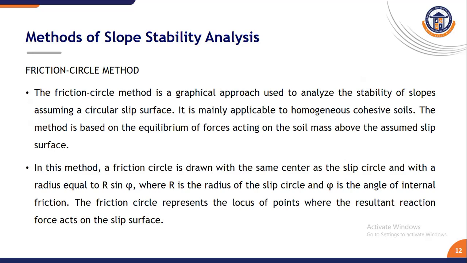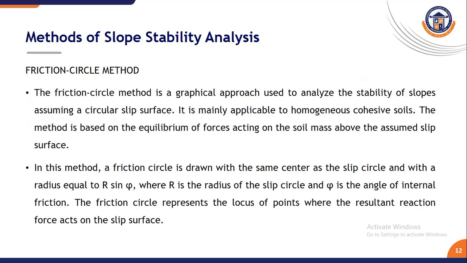Here the friction circle method is a graphical method used mainly for homogeneous cohesive soil. A circular slip surface is assumed and a friction circle is drawn with a radius equal to r sin φ. The method is based on force equilibrium and helps determine the factor of safety of the slope.